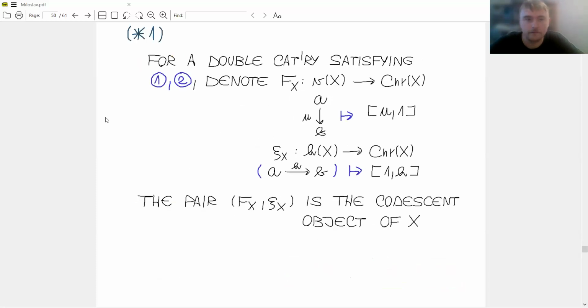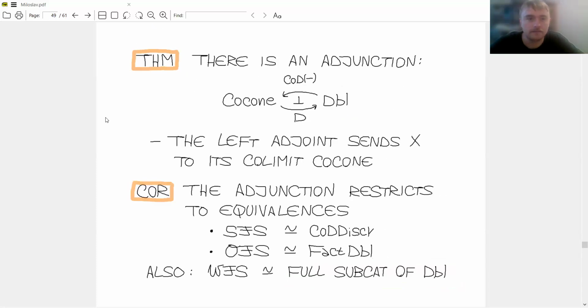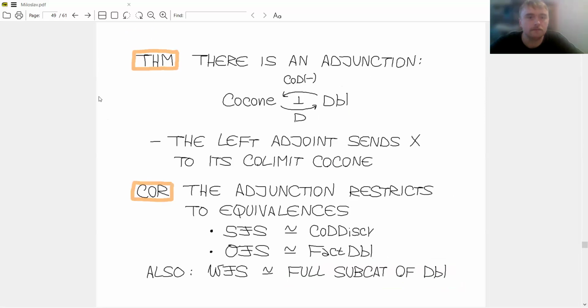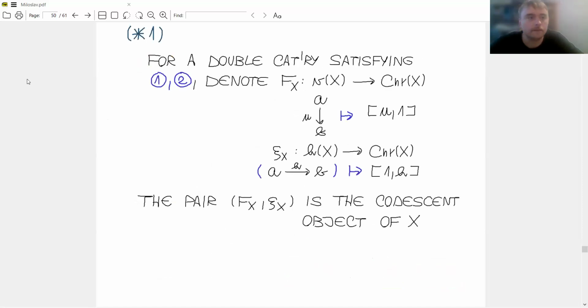I still have a few more minutes, so let me say some additional things. We can see that the category of corners construction I've shown you before is actually a colimit of the double category if you regard it as a diagram. I have it here explicitly.